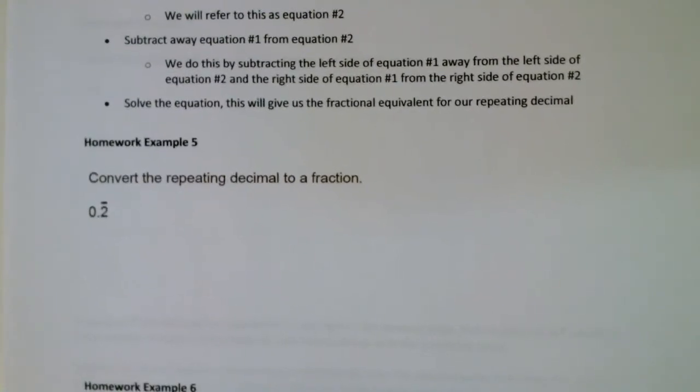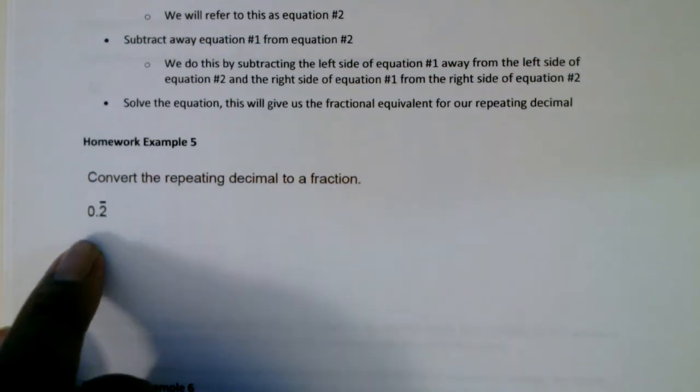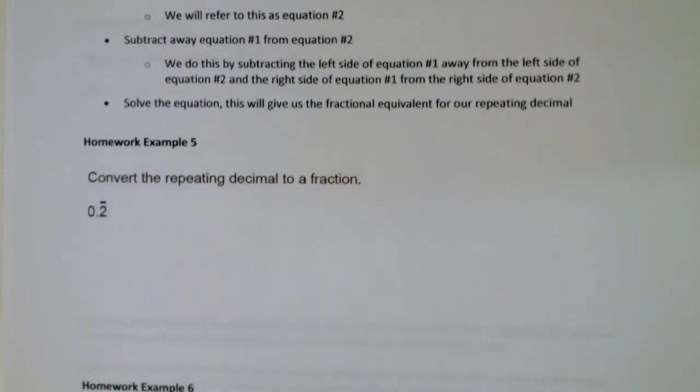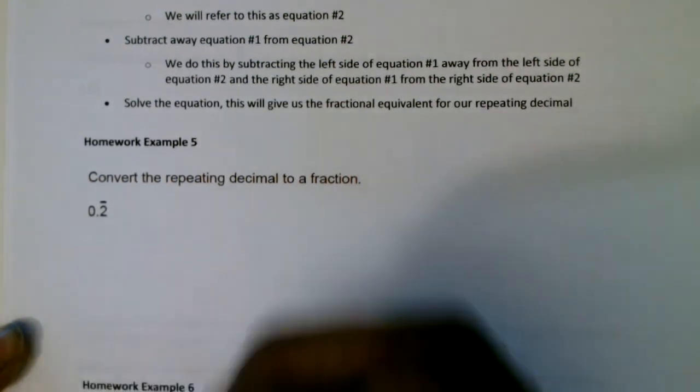So here, in this case here, let's say I want to convert 0.2 with the bar on top to a fraction, okay? Now, what I'm gonna do first is set this repeating decimal equal to a variable.